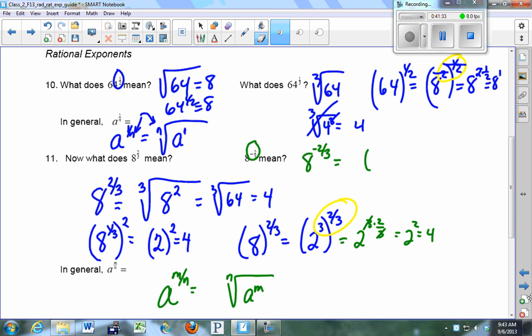Take my cube root. Then square me and then flip me. That shouldn't be a negative there. So those are the 3 actions you're doing. Cube root. You're squaring, that's your numerator. And then you flip, the reciprocal. Okay? So it's 2 squared under the number 1, which is 1/4.